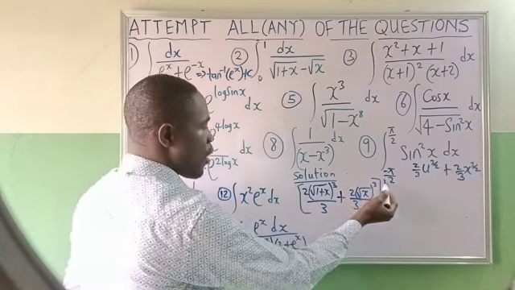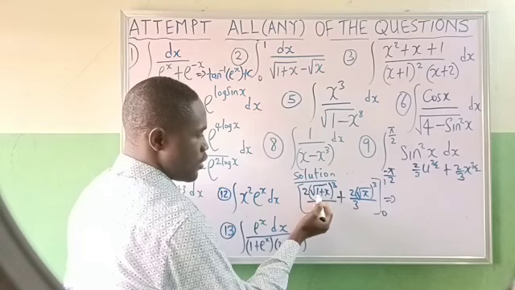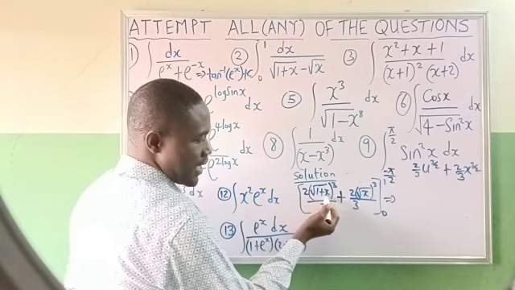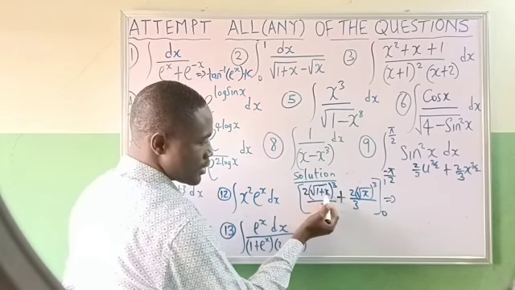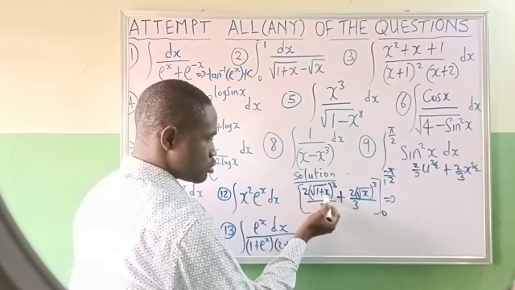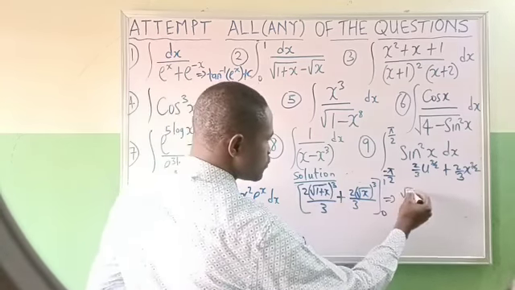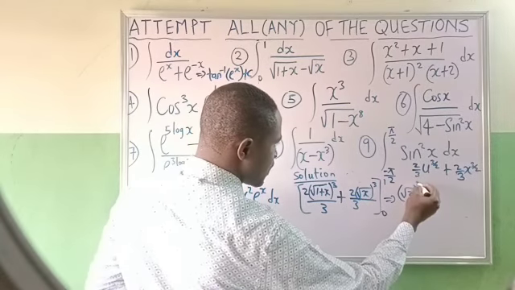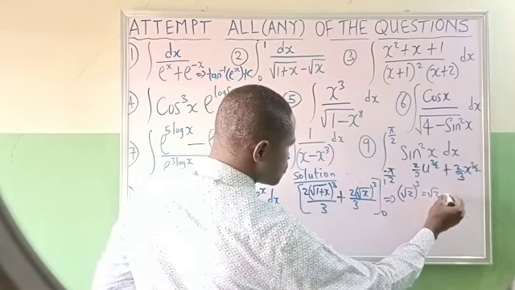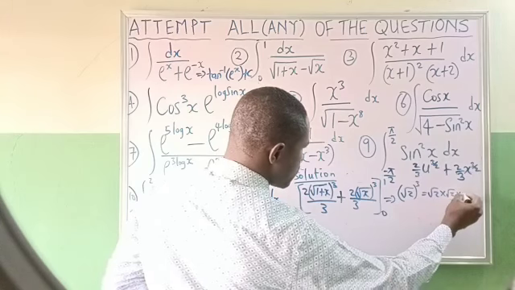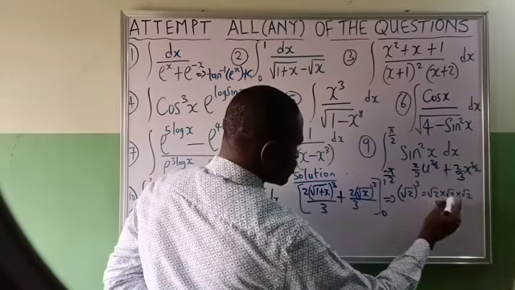Now, if you put 1 as value of x here, it will give you 1 plus 1. That is what? 2, right? Square root of 2 all raised to power of 3 will give you square root of 2 times square root of 2 times square root of 2. That is 2 root 2.